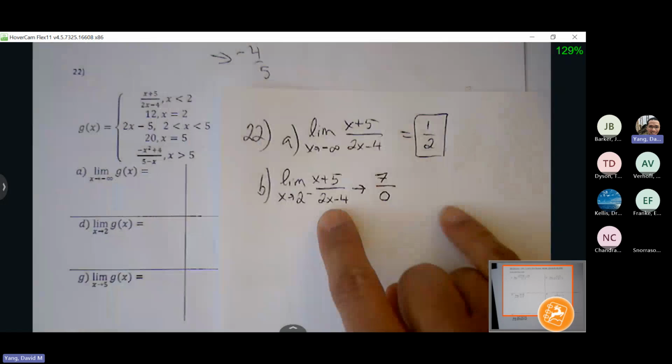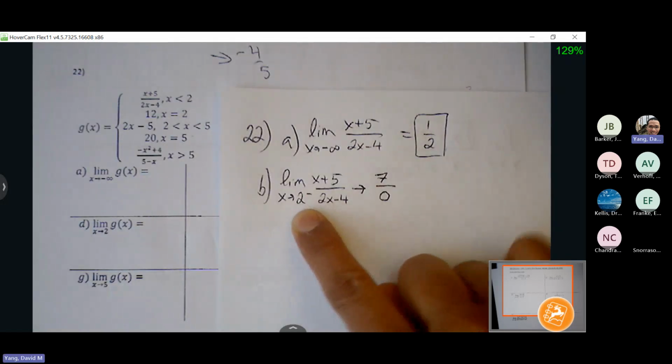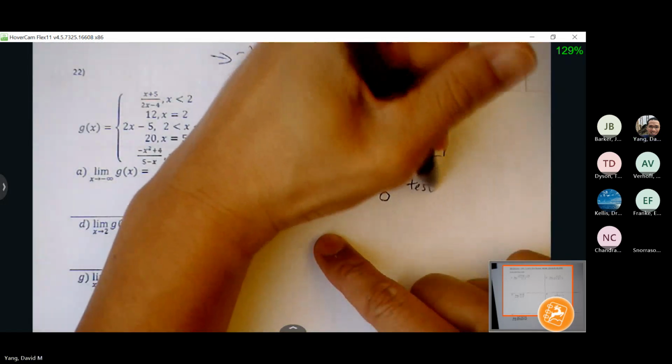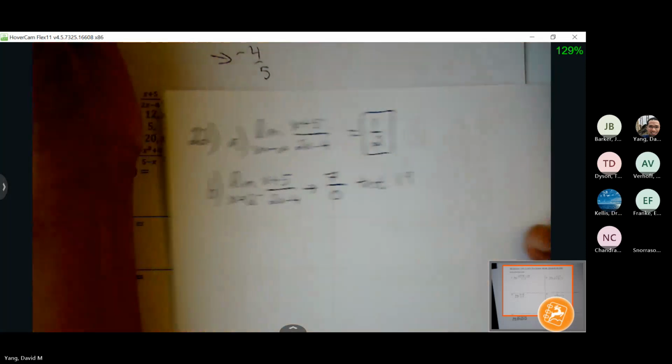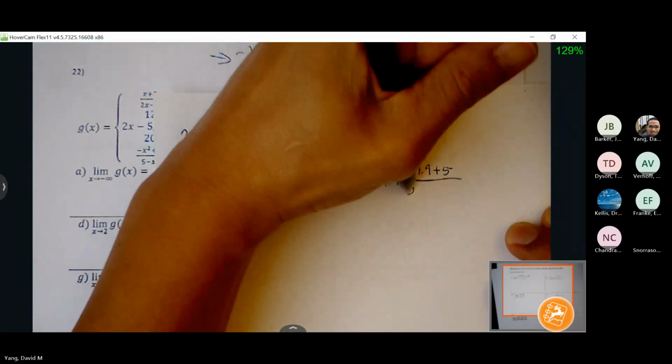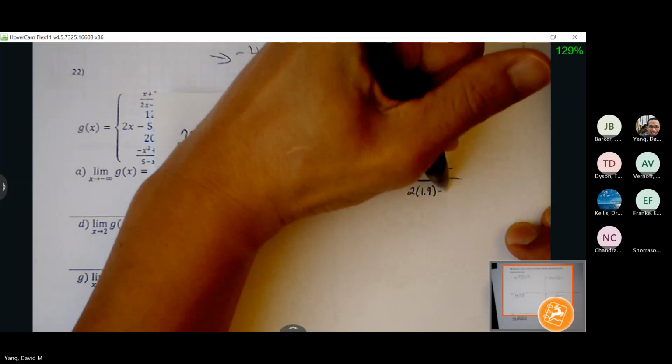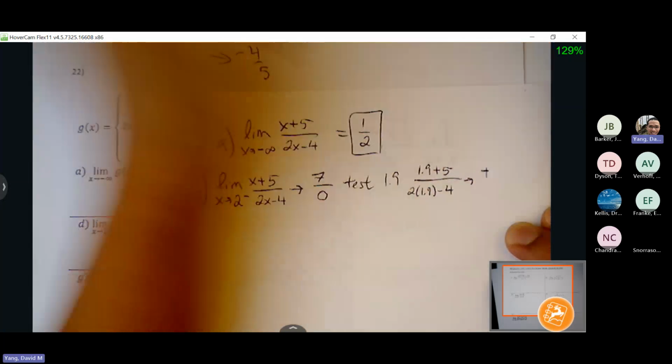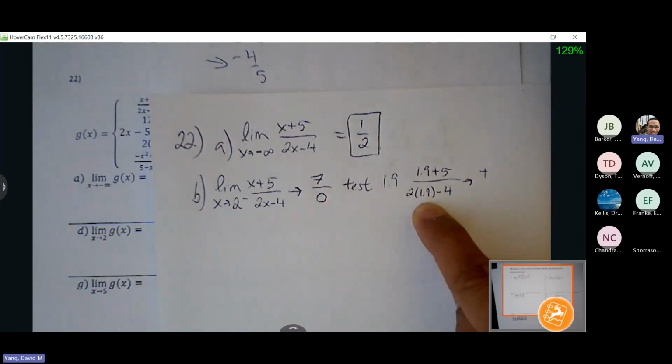So now we can use what? Decimals. And you'll test what? Okay, so numerator gets positive. 2 times 1.9 is slightly less than 4. So like 3 point something minus 4, that's negative.